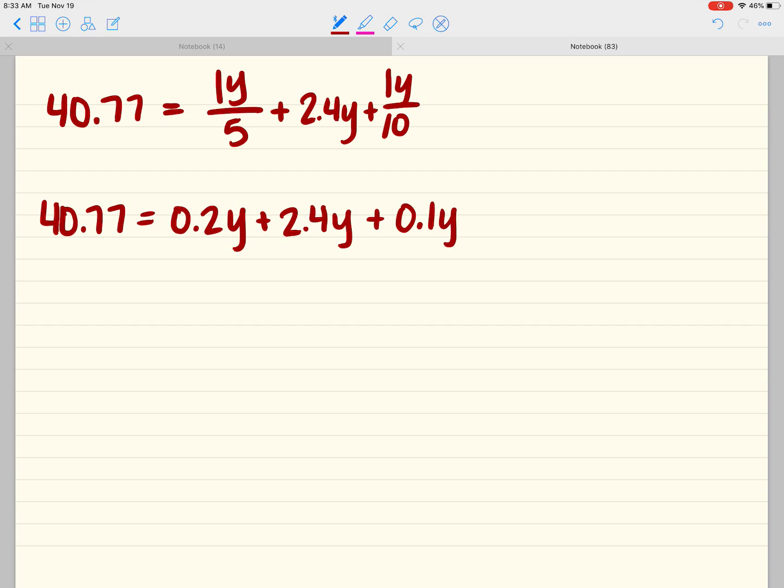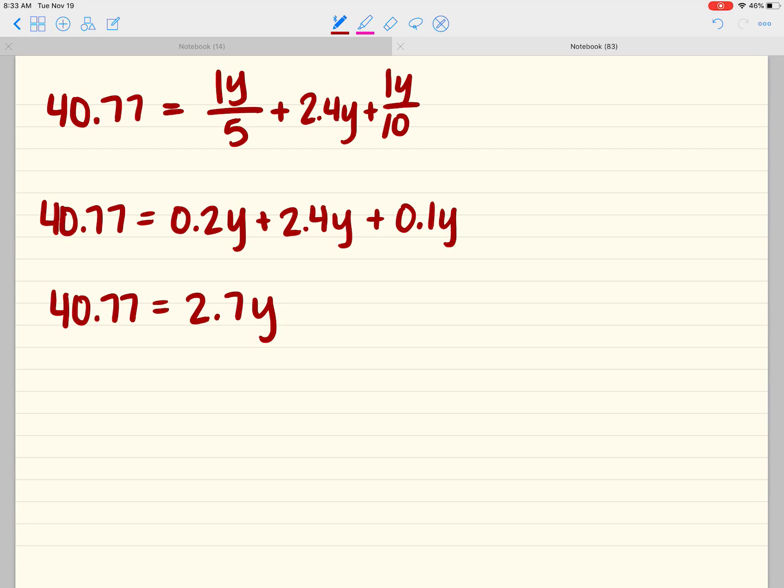All right. Now, can anybody tell me what I would do next? Yes, combine all your like terms. So 0.2 plus 2.4 plus 0.1 is going to give you what? 2.7y.